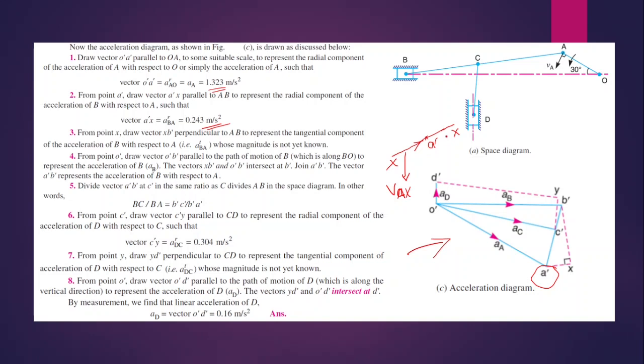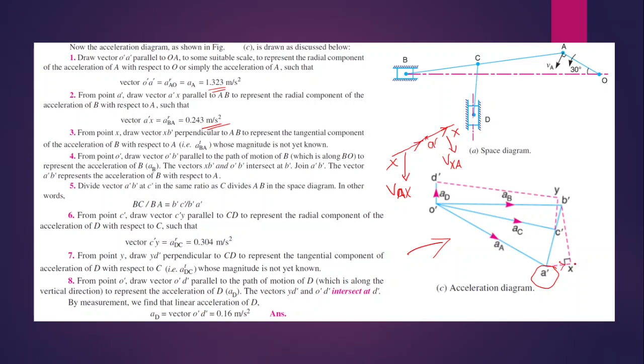Here this one will become the acceleration of x with respect to A. So we must select this one, x above a dash, in order to locate the acceleration of B with respect to A. Instead of x we can take that point as b, then the acceleration of B with respect to A must be like this one. Then we can take that x dash above a dash, and the direction is like this.